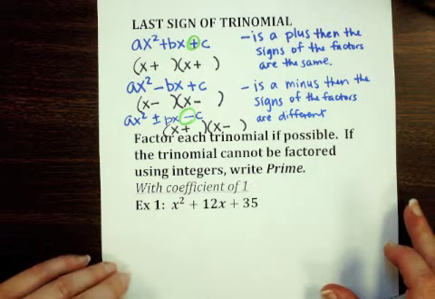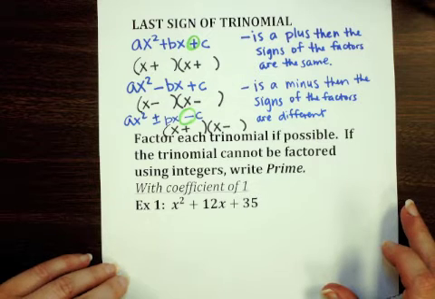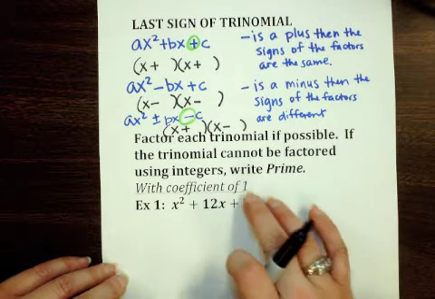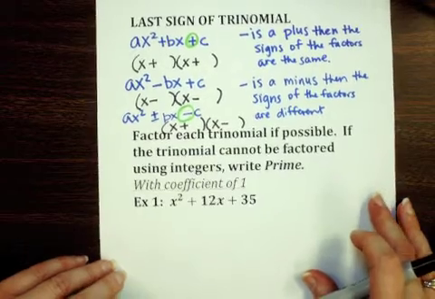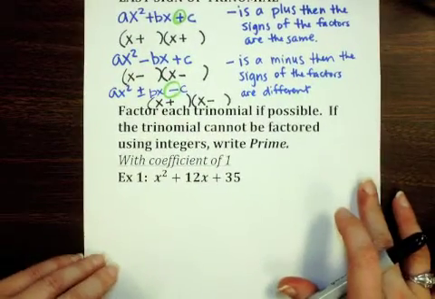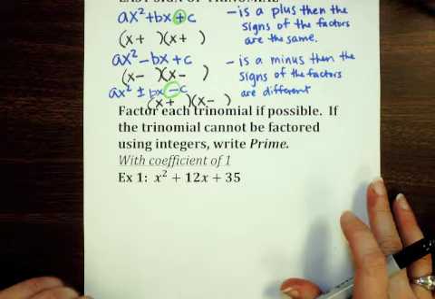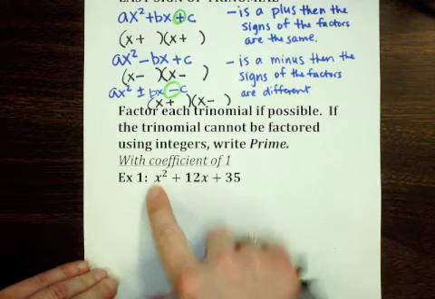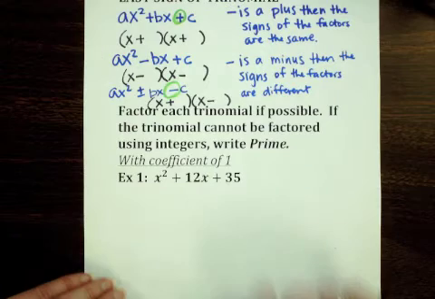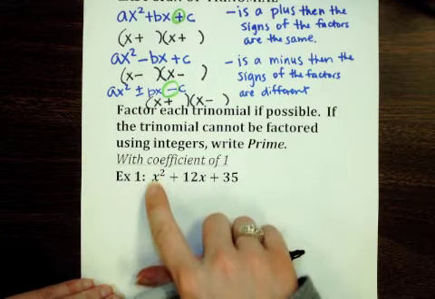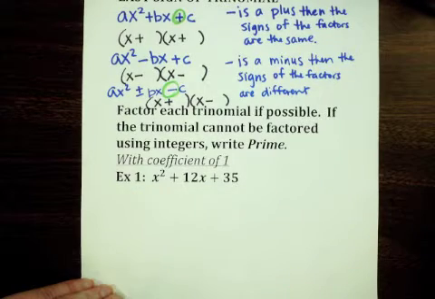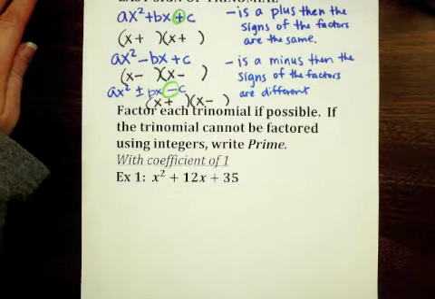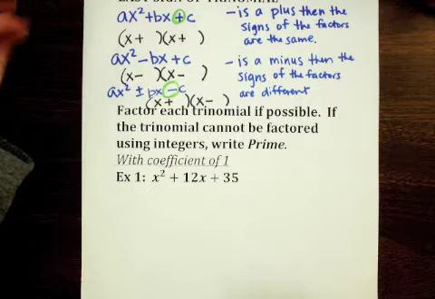Alright, factoring a trinomial, we're going to look at with coefficient 1. These are the very easiest, and they will help us build a foundation for using coefficients other than 1. And what I mean by coefficient 1 is that in front of the x squared there is no number. Okay, x squared plus 12x plus 35.